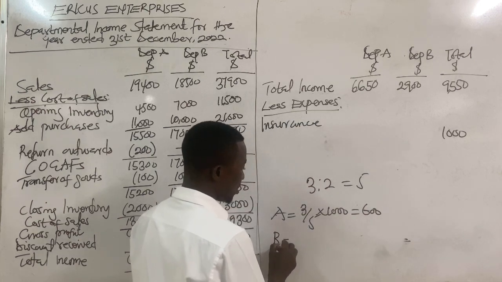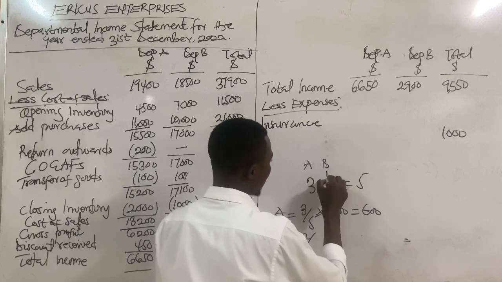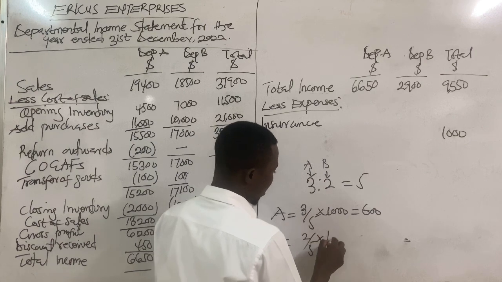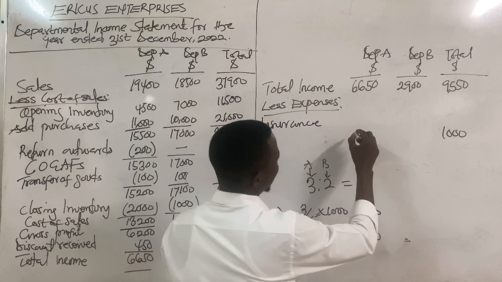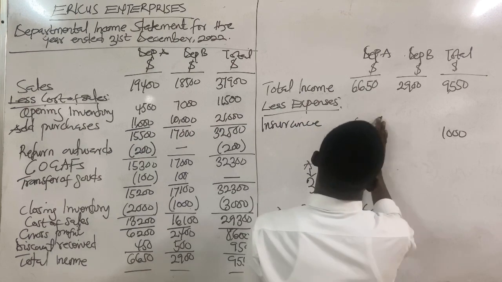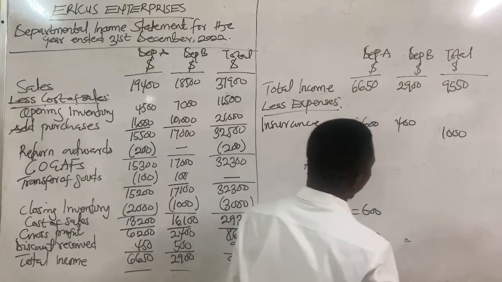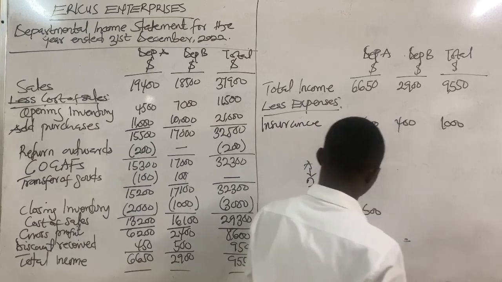For Department B, 2 out of 5 multiplied by the 1,000, giving us $400. So for Department A, insurance is $600, Department B is $400. So the total is $1,000. Good.